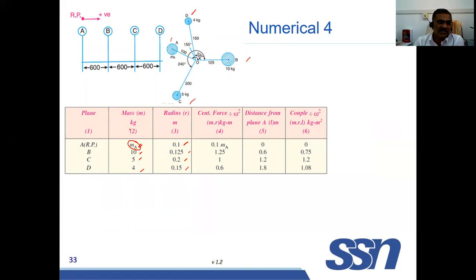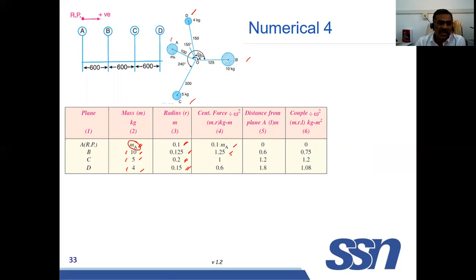You will discuss, right? So now you draw the table. MA is not known. MB, MC, MD are known. You substitute the values; all radii are known. Now you multiply, and you will get a force polygon like this.